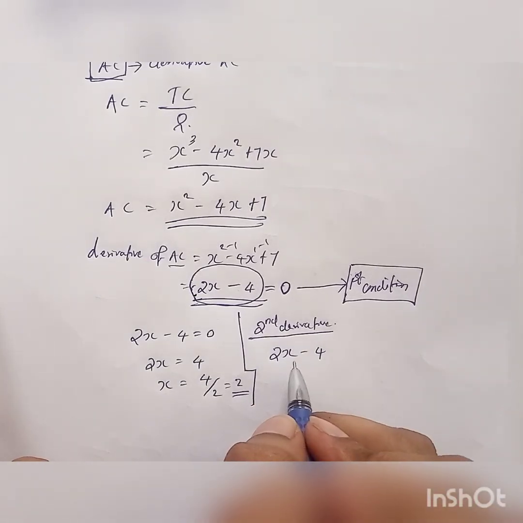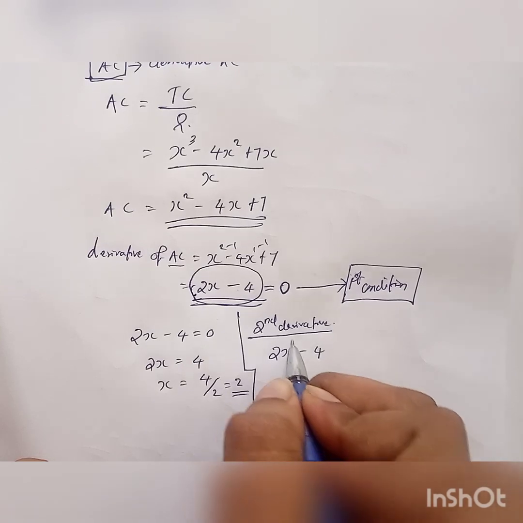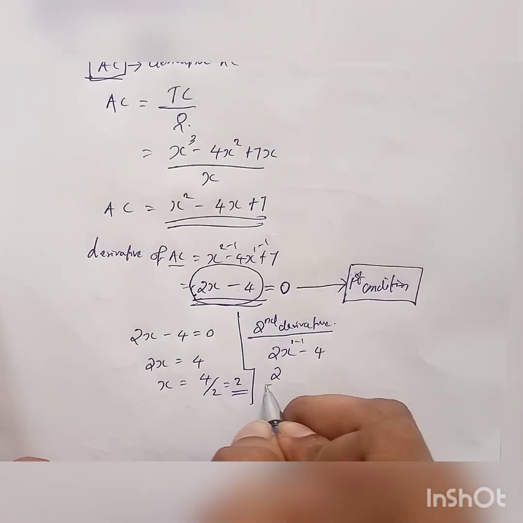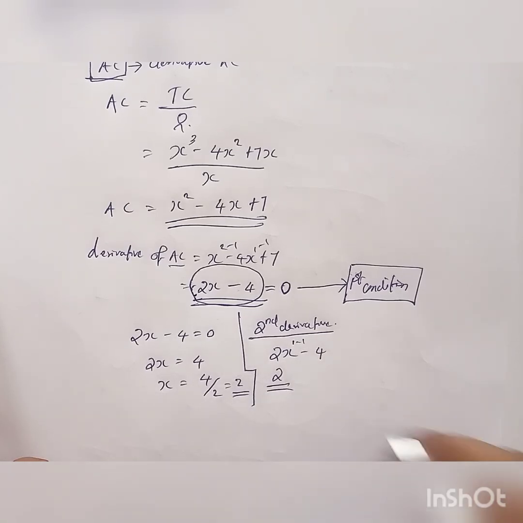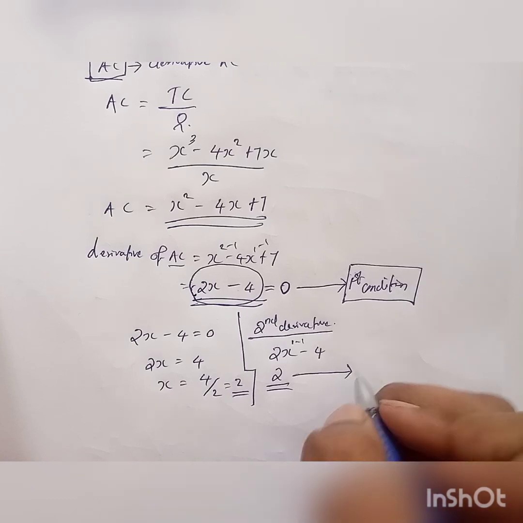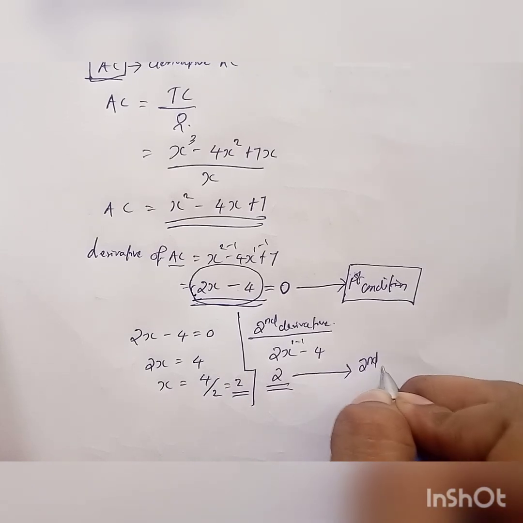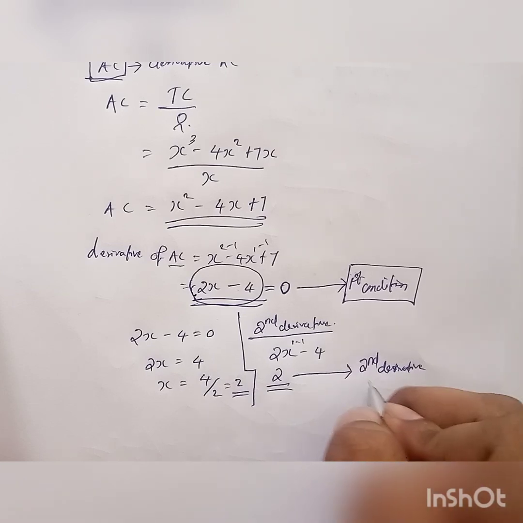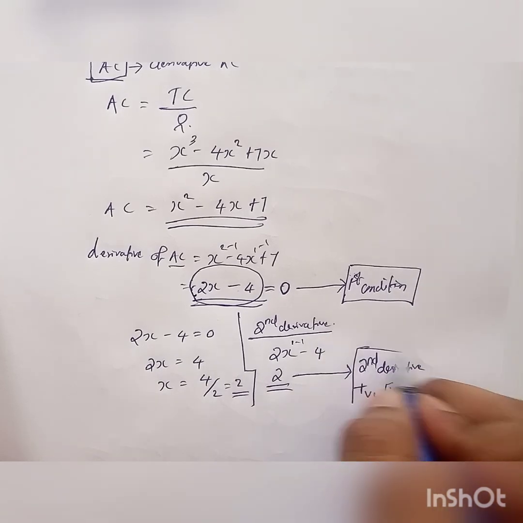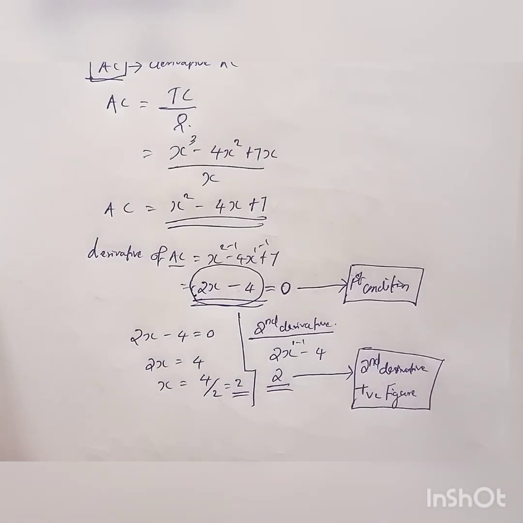How to find the derivative of this function? 1 into 2, 2, 1 minus 1, 0. So what we are getting? Just positive 2. This is positive 2, correct? So the second condition is the second derivative should be a positive figure. This is the second condition in order to get minimum cost.